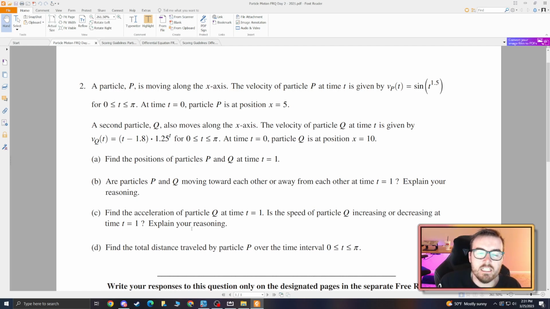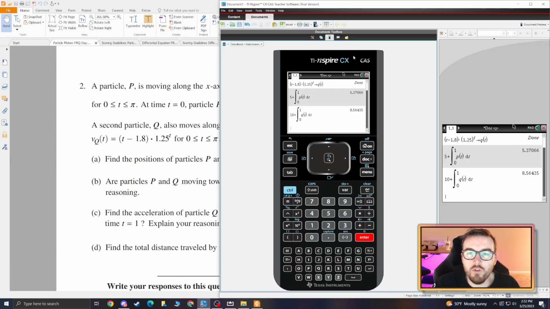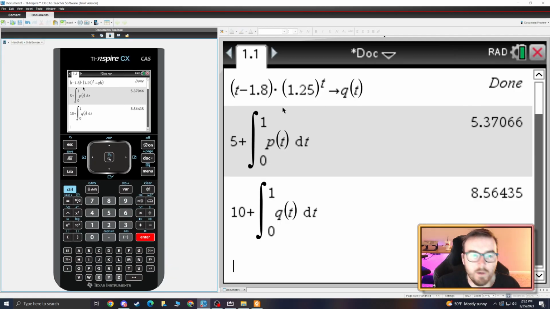So it comes down to the velocity. If the velocity is positive, the particle is moving to the right. If the velocity is negative, the particle is moving to the left. Okay? Positive velocity right, negative velocity left. So we simply need to evaluate the velocity of both of them at t equals 1. Luckily, we have both of them saved in our calculator.